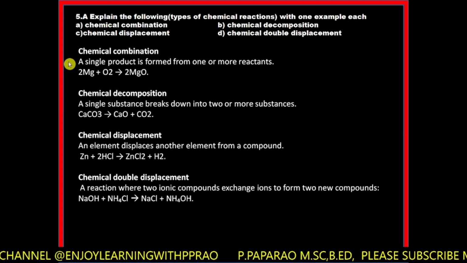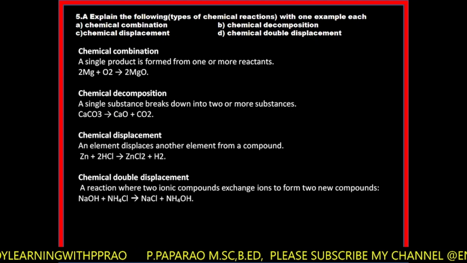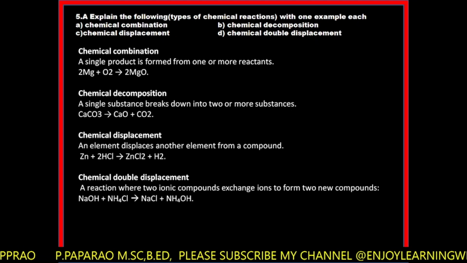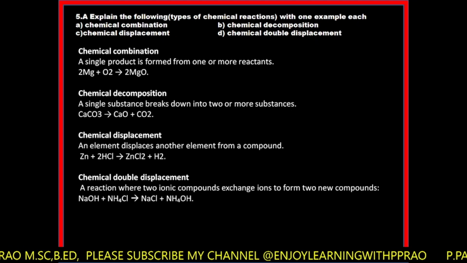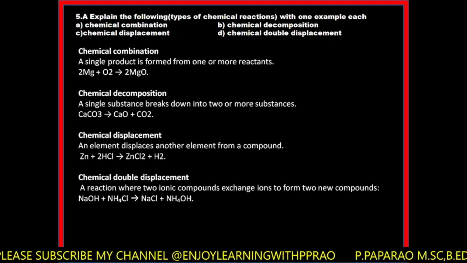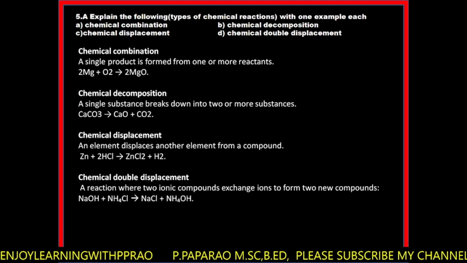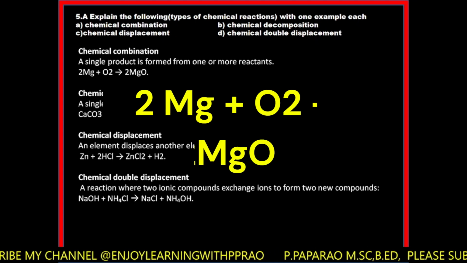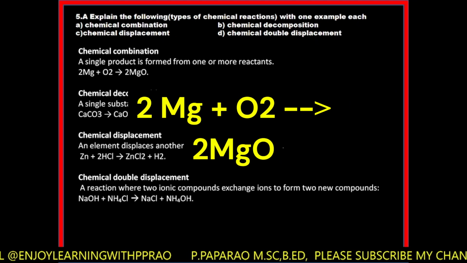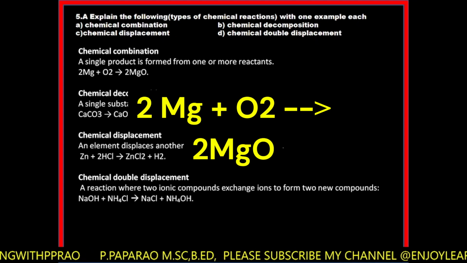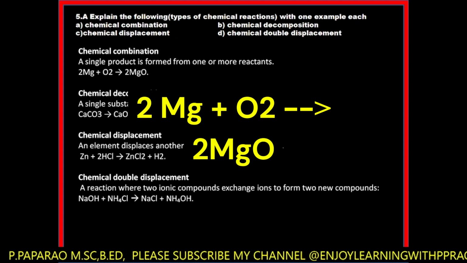First one is chemical combination. A single product is formed from one or more reactants. 2Mg plus O2 gives rise to 2MgO.